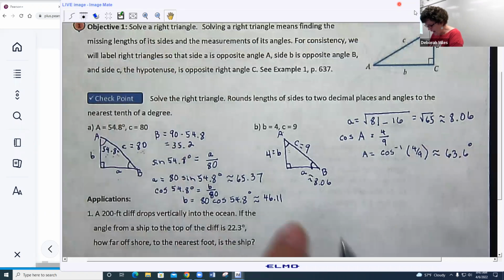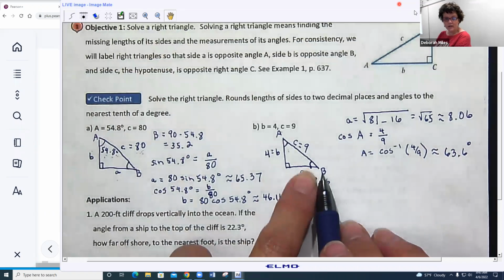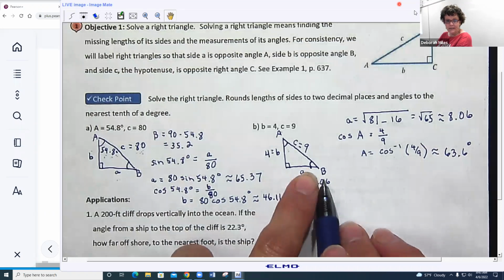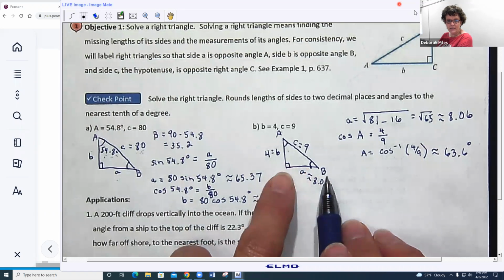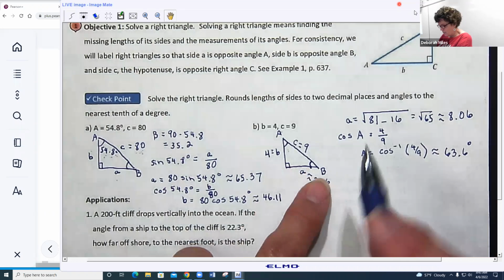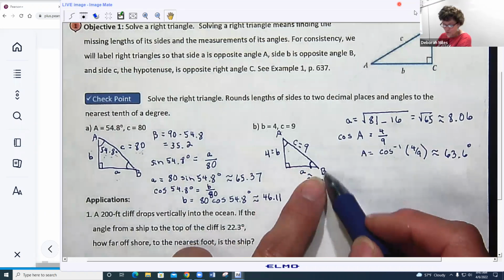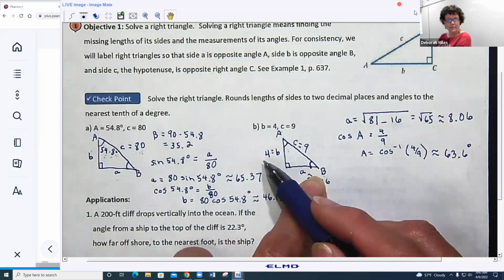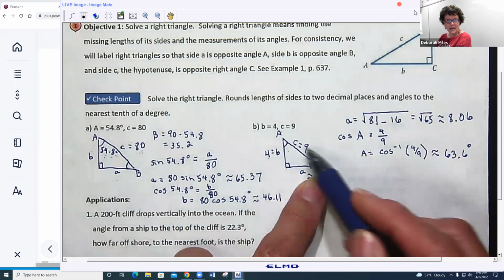If we want to find angle B and we're not working for NASA, we can say, well, B would be 90 degrees minus that 63.6. If we are working for NASA, then we could say which trigonometric function of B would involve the 4 and the 9.